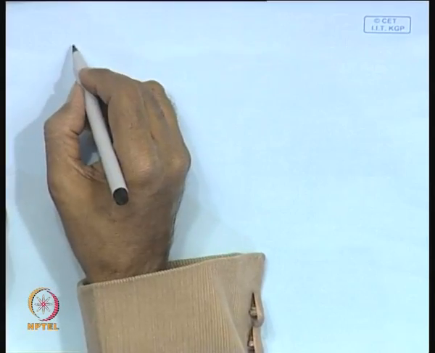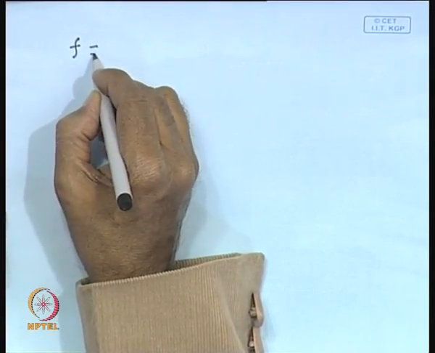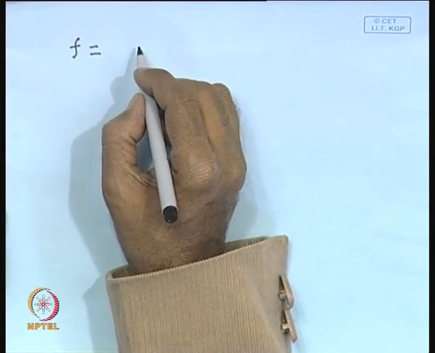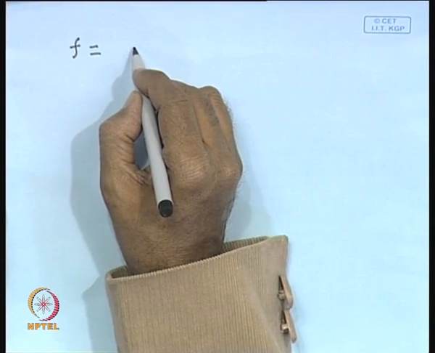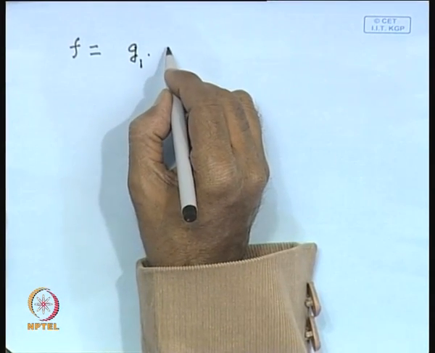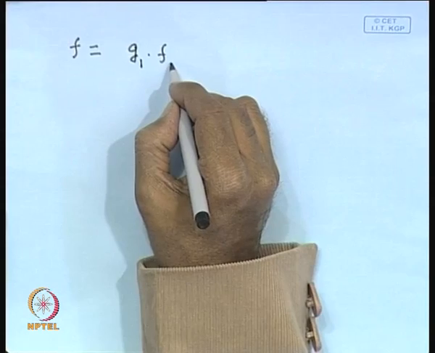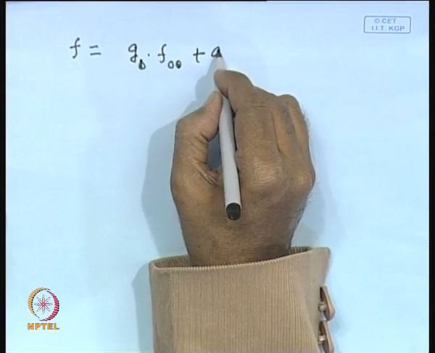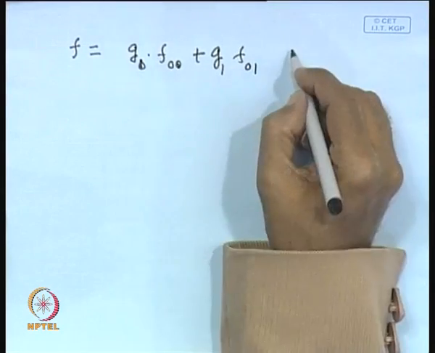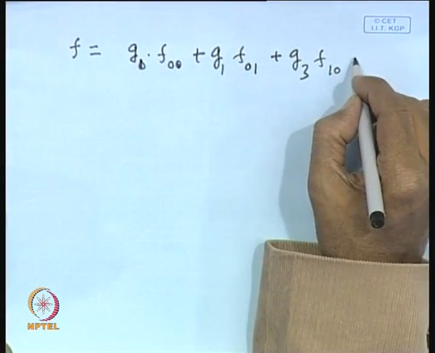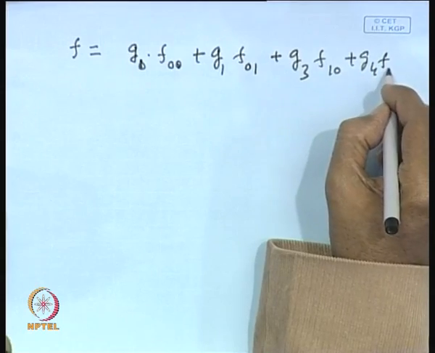For example, say a function f, let us assume it is a function of 2 variables, can always be expressed in terms of g0 f00 plus g1 f01 plus g2 f10 plus g3 f11.